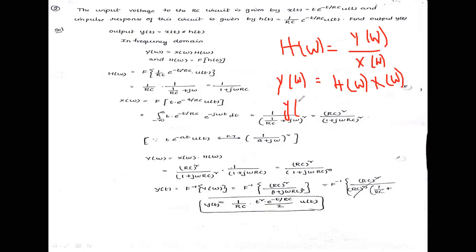To find the output signal y(t), take the inverse Fourier transformation, since H(omega) X(omega) corresponds to h(t) convolved with x(t).